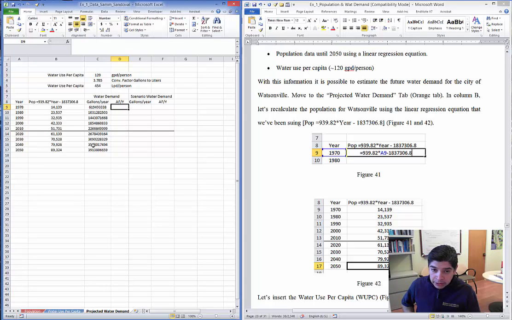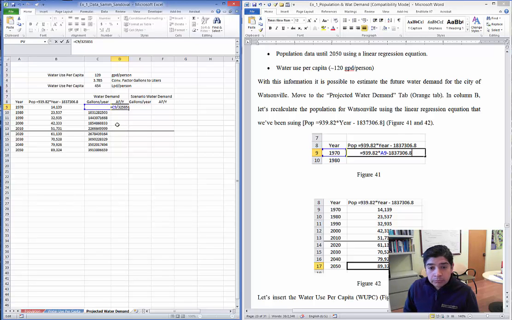We want to convert it now into acre feet, so it will be this value divided by the conversion factor, which is 325.851. And this has to be divided.